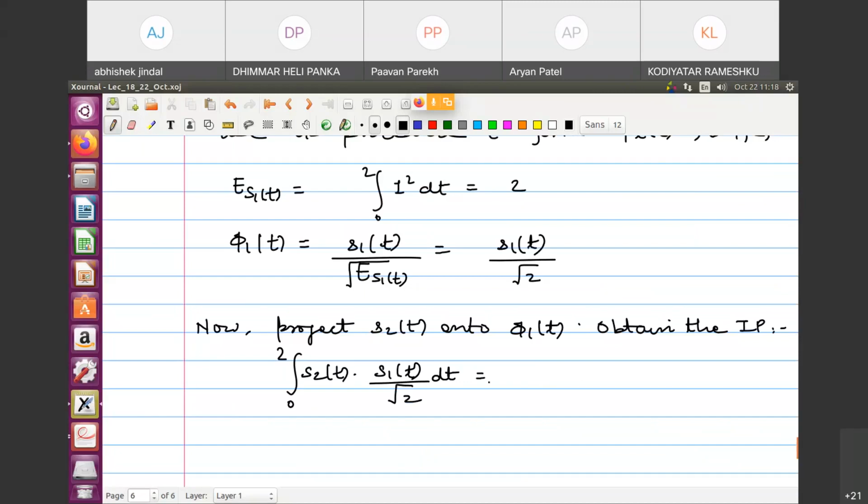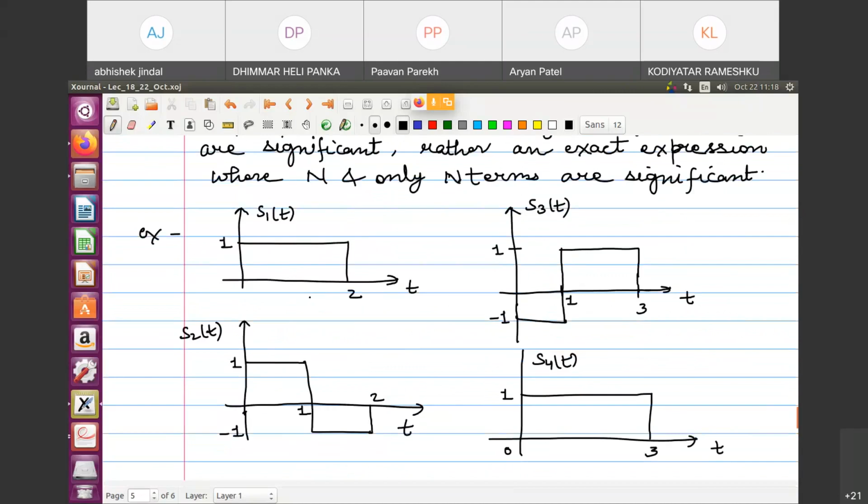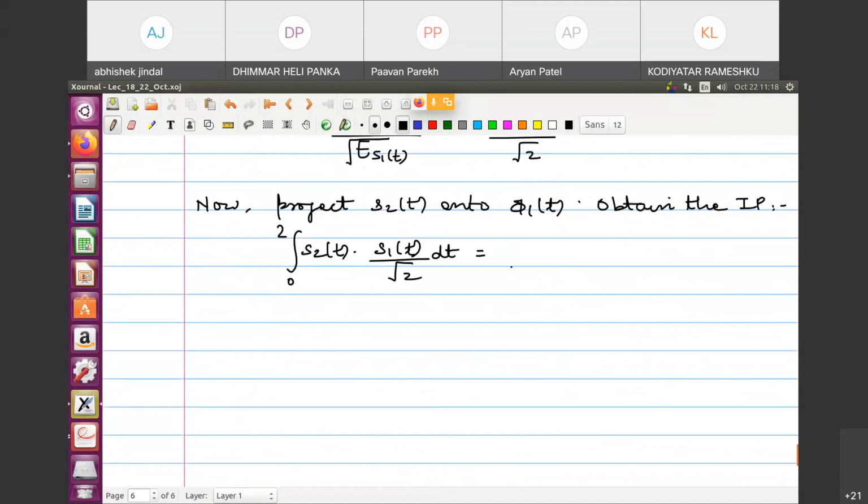If someone has drawn it on a sheet of paper, you can see from the figures that this is S1(t) and this is your S2(t). So you can divide the integral into two parts, 0 to 1 and then 1 to 2. From 0 to 1, both take a value of 1, so 1 dt, plus from 1 to 2, one takes a value of minus 1 and the other takes a value of 1, so it will be minus 1 dt, and the whole thing divided by root 2.